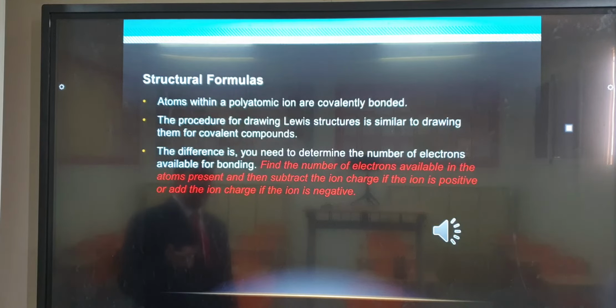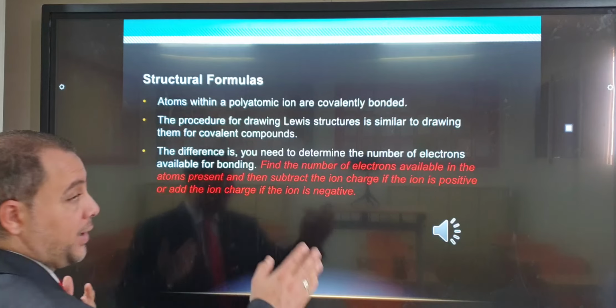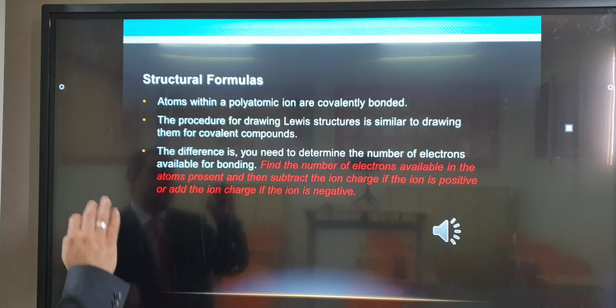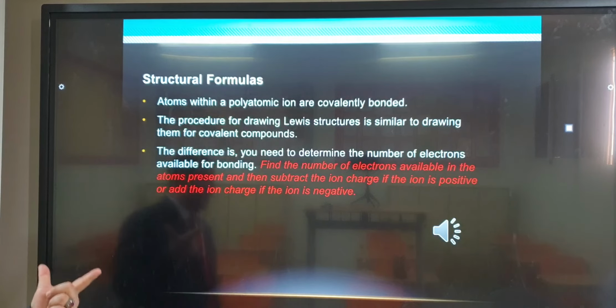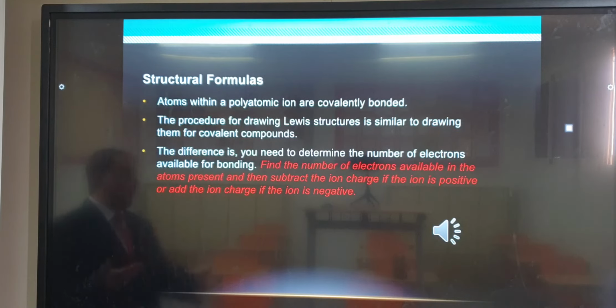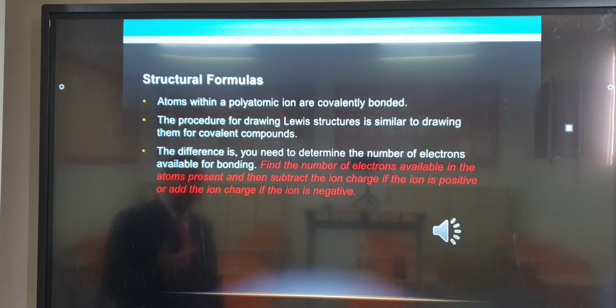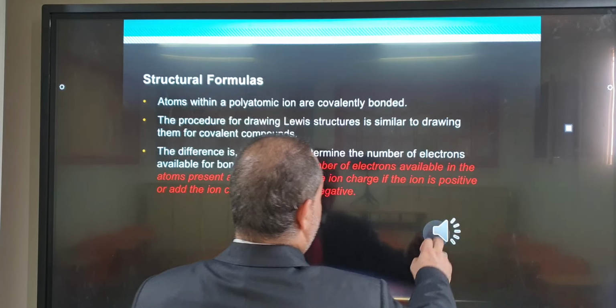The difference is that you need to determine the number of electrons available for bonding only. How? By finding the number of electrons available in the atoms present and then subtracting the ion charge if the ion is positive, or adding the ion charge if the ion is negative.